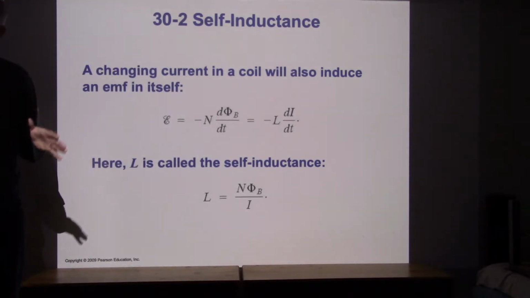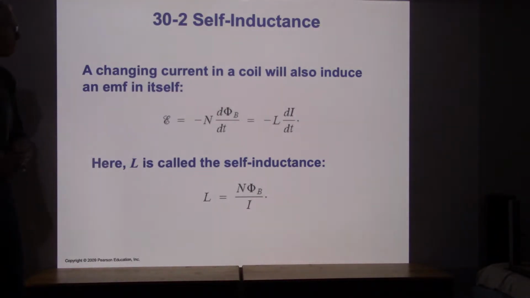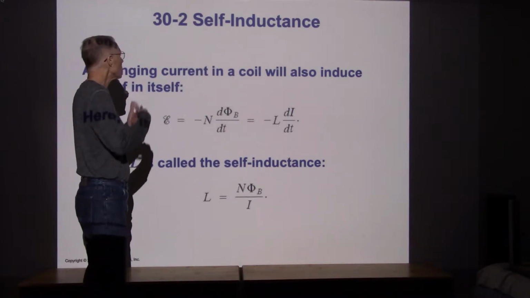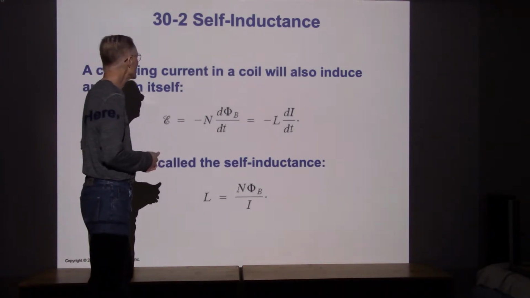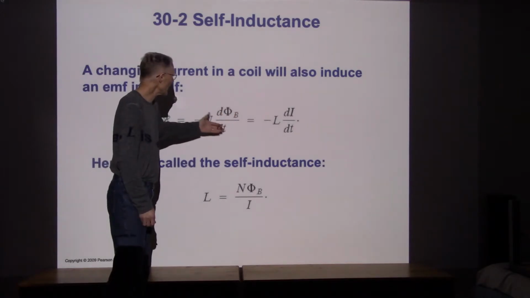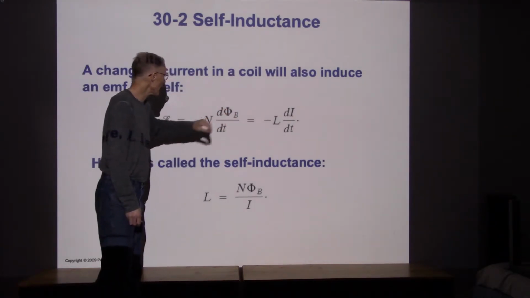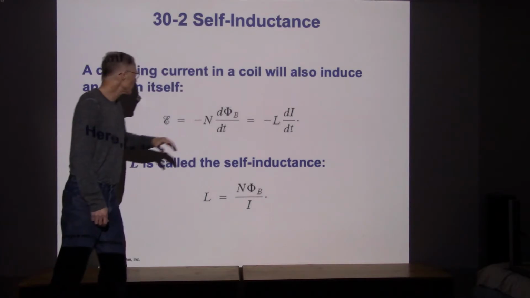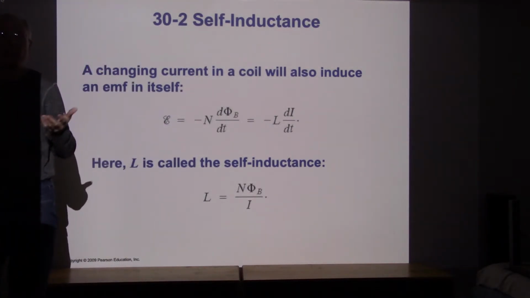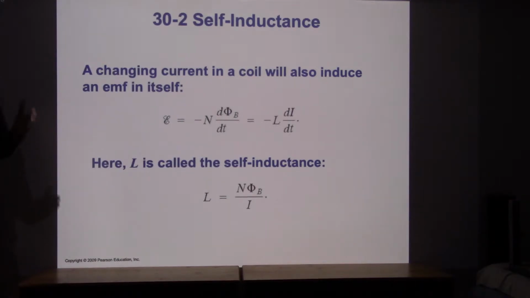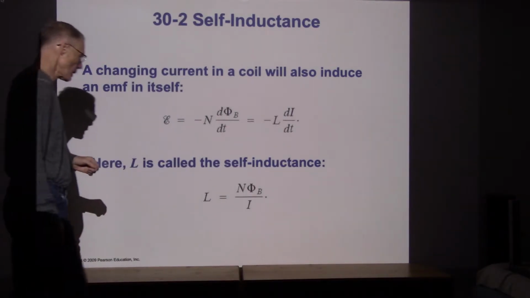Again, it's not a causal relationship. It's just a theorem we're able to establish that shows that by keeping track of the magnetic field flux, that's enough information to determine how much EMF will be generated in circuit number 2.